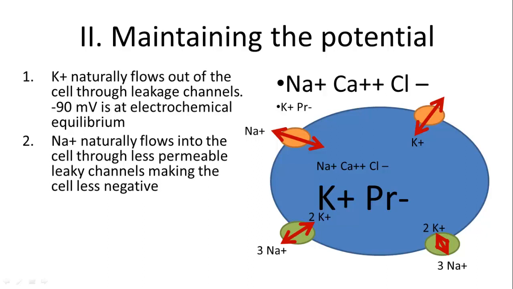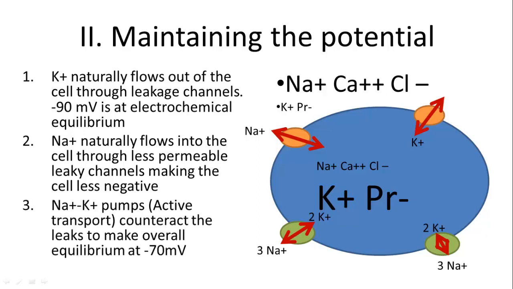Sodium naturally flows into leaky channels, even though slightly less permeable, towards the negative charge, making it less negative. And the sodium-potassium pumps then counteract those leaky channels to make the equilibrium slightly less negative at negative 70 millivolts. Okay? So by using these pumps, because you're pumping 3 charges in for every 2 you pump out, you create a more positive environment. So that's how it goes from -90 to -70.